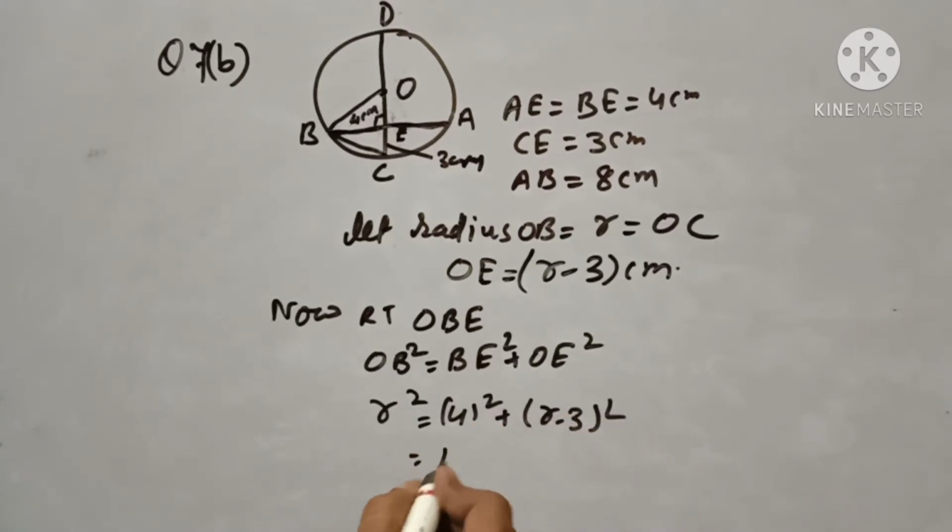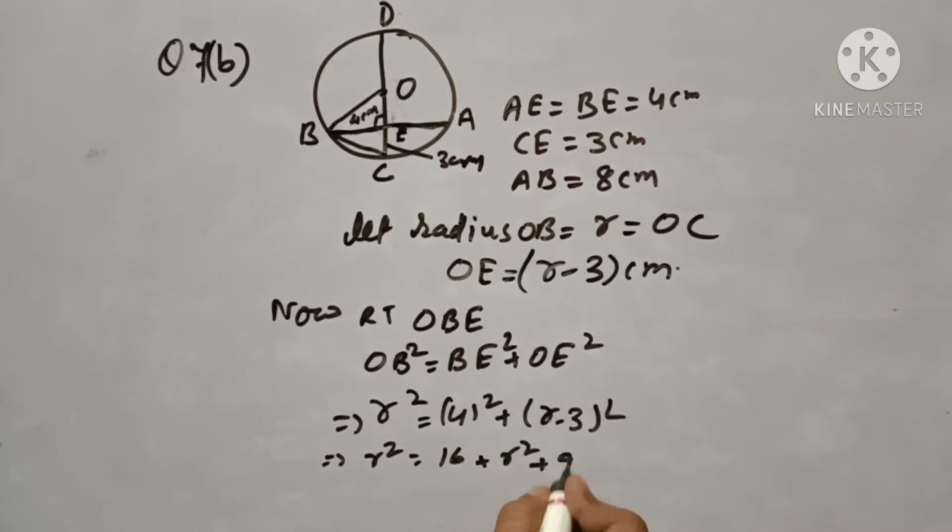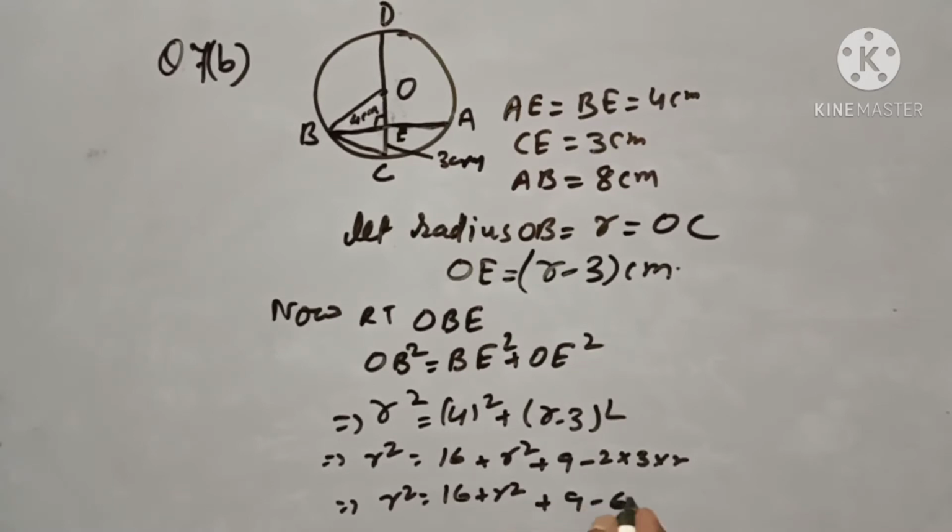R square equal to 16 plus R square plus 9 minus 2 into 3 into R, which is 6R. These R square cancel.